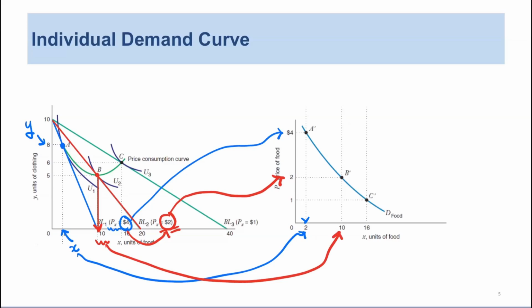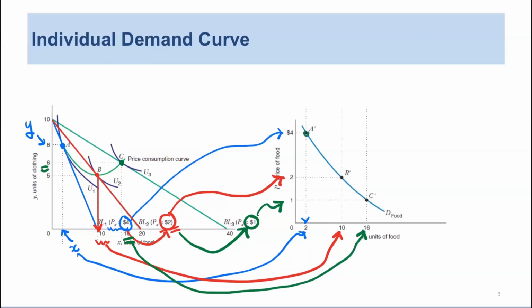Let me do it one more time. Now the price decreases even further, from 2 to 1. In that case, the slope of the budget line is flatter than before, and we know that the optimal point with this new price is going to be C. At basket C, the optimal basket includes 16 units of good X and 6 units of good Y. So this point is illustrated in the next figure as the price of good X, 1, and the optimal basket for good X, which is 16.